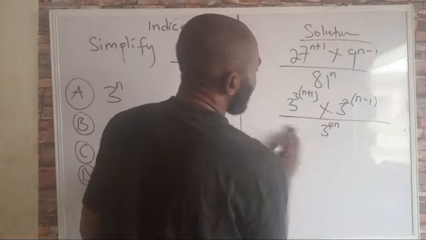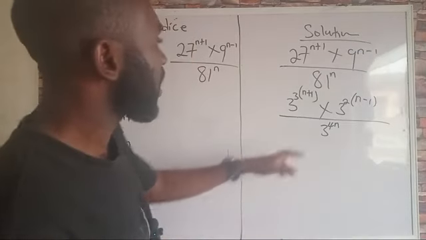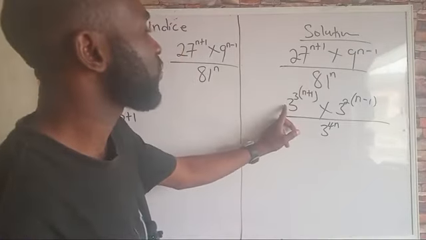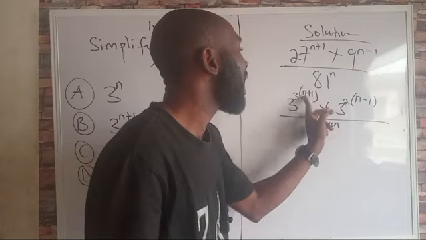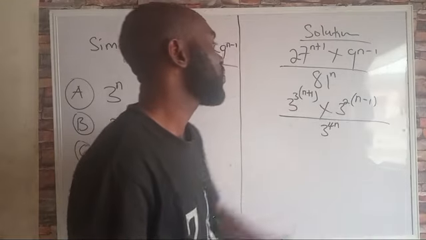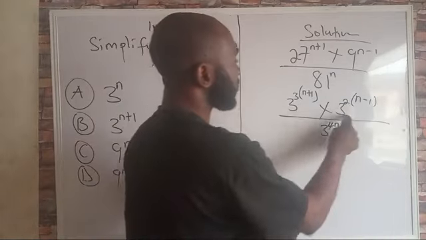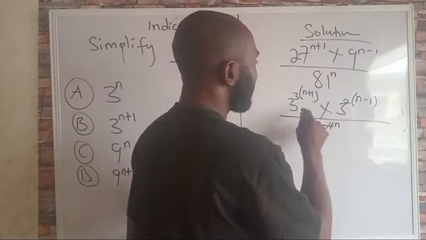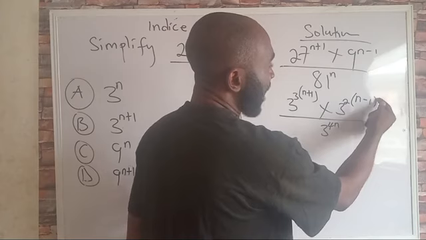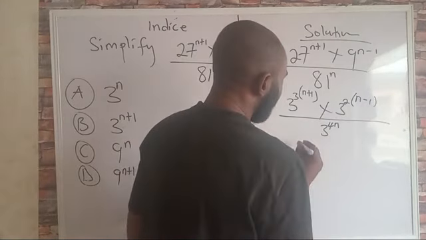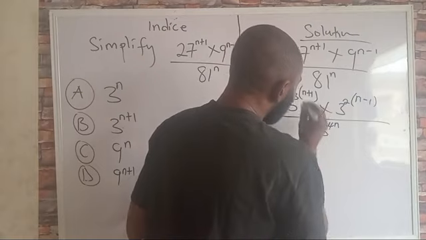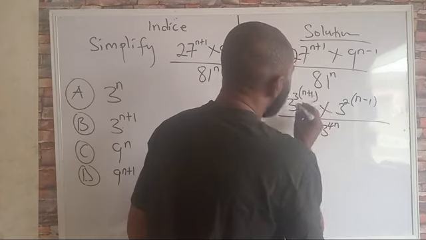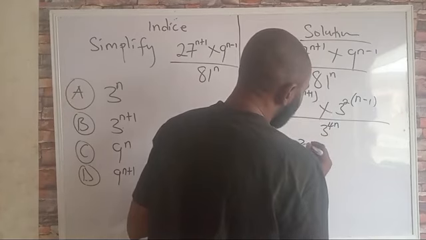Okay, so with this, I will now apply the laws of indices here. When you're multiplying and the bases are the same, add the powers. Since the base here is 3, I will now go ahead and add my powers. I will use this 3 to open this bracket.